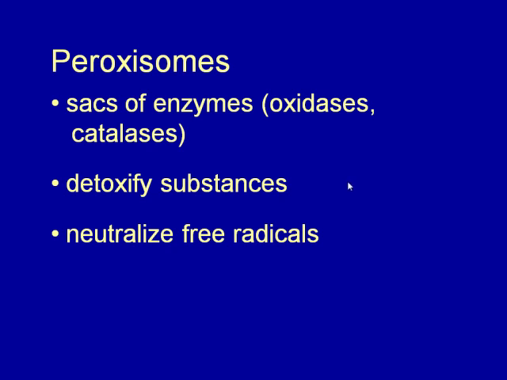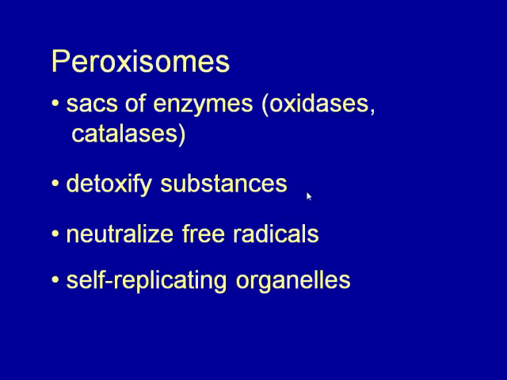So some people believe that free radicals are what causes aging of the body. You make free radicals through cell metabolism. You don't really mean to make them, but you make a few every once in a while just because that's the nature of chemistry. And it's the peroxisomes that take care of these so that they don't do a lot of damage to your cells.